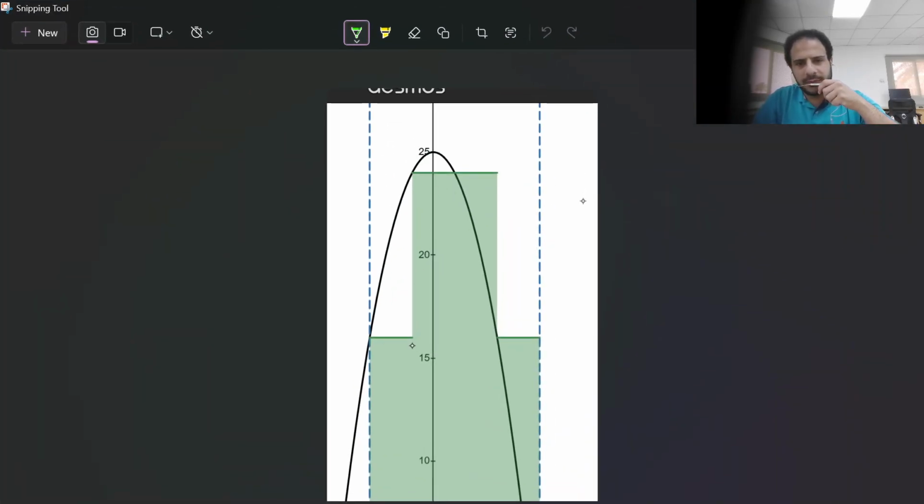I will use red. So here you have the first left endpoint, then this one, then this one, then this one. Okay? So these here in the middle, they are two rectangles, but they seem one because they have the same height. Good?